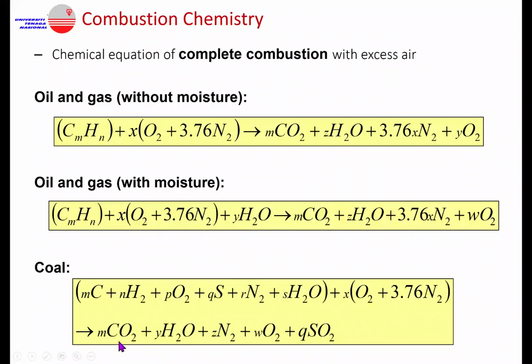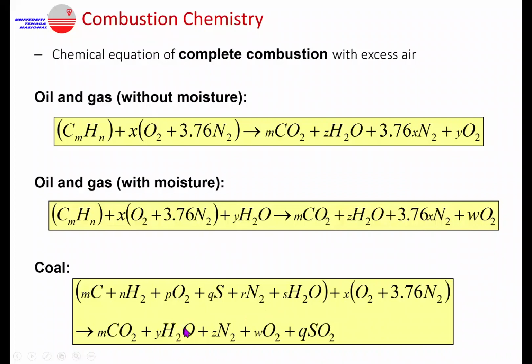Carbon becomes CO2, hydrogen becomes H2O. Oxygen will remain as oxygen because you are supplying excess air. Sulfur here will become SO2, nitrogen remains as nitrogen. They are inert gas, they don't participate in combustion. The H2O on the left hand side, its hydrogen will become H2O as well.